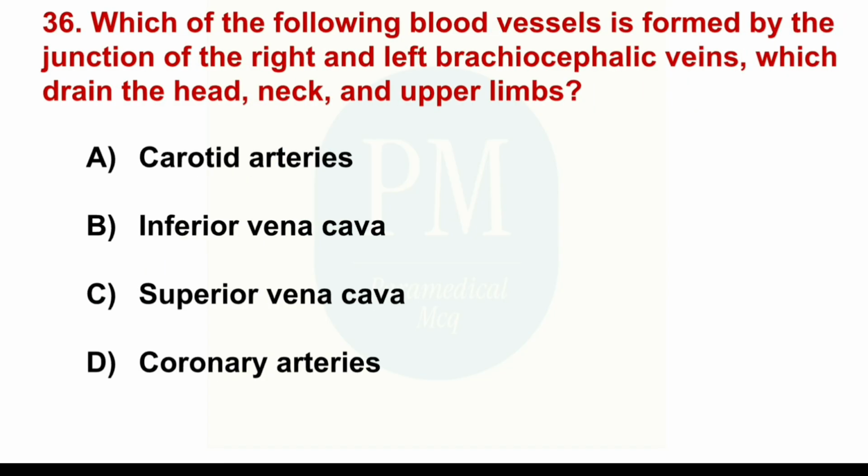Which of the following blood vessels is formed by the junction of the right and left brachiocephalic veins, which drain the head, neck and upper limb? Option A, carotid arteries. Option B, inferior vena cava. Option C, superior vena cava. Option D, coronary artery. The correct option is option C, superior vena cava.